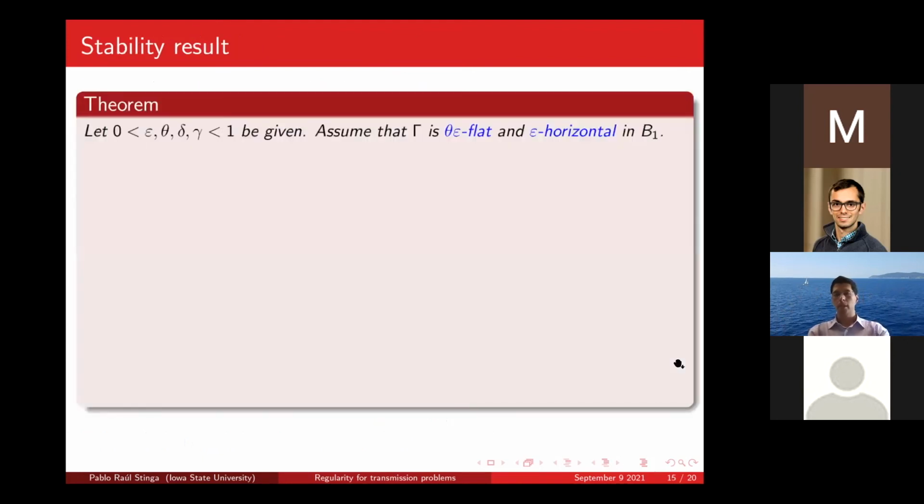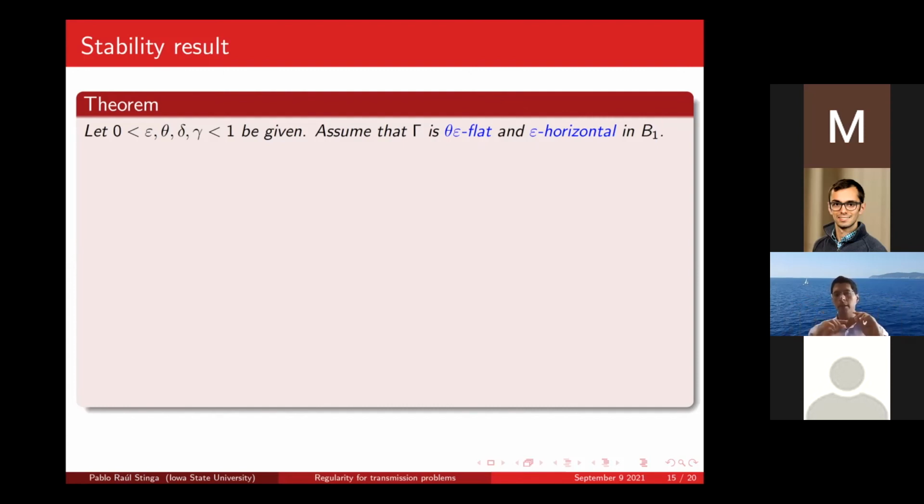Okay, so here is the stability result. The stability is this idea that I said before: if my domain is almost flat, then the flat solution should be close to the curved solution. So say that gamma is theta epsilon flat, so it's in a strip of width 2 theta epsilon, and epsilon horizontal here means that it doesn't wiggle too much inside the strip.